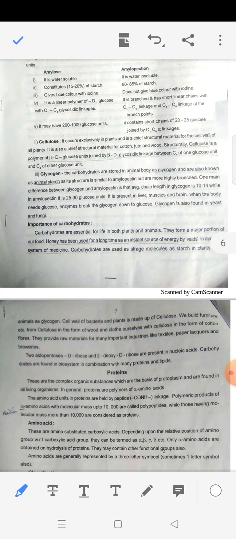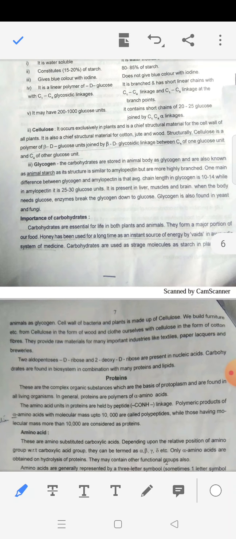So leftover carbohydrates get deposited in the muscles in the form of glycogen. Whenever we need more energy, the enzymes will send a signal, and the glycogen will break down into glucose, and we can survive for some time even without food. You know there are people who are fasting day after day. So how do they survive? How do they do their day-to-day activities? Because of the glycogen they have stored in their body.